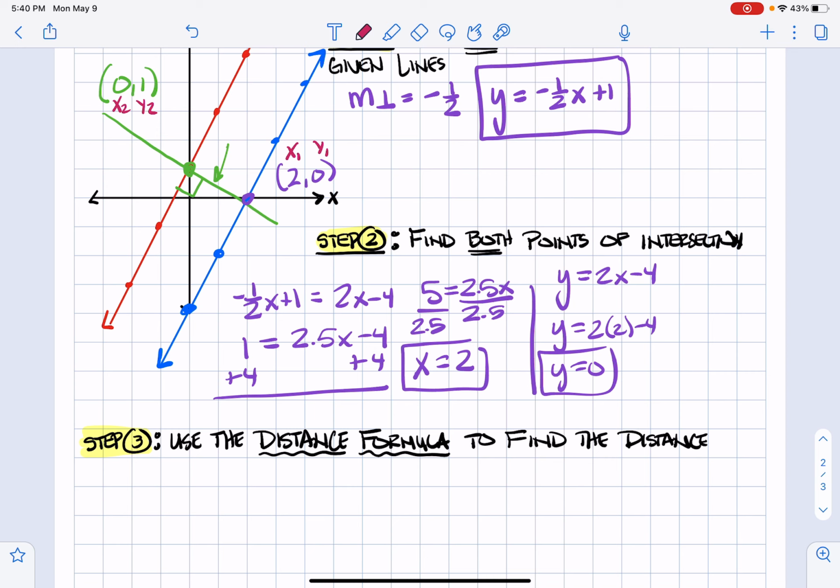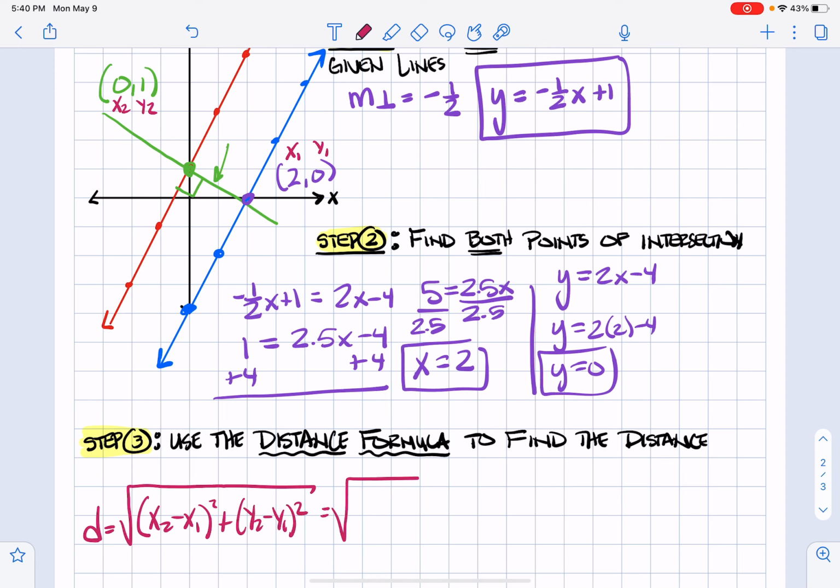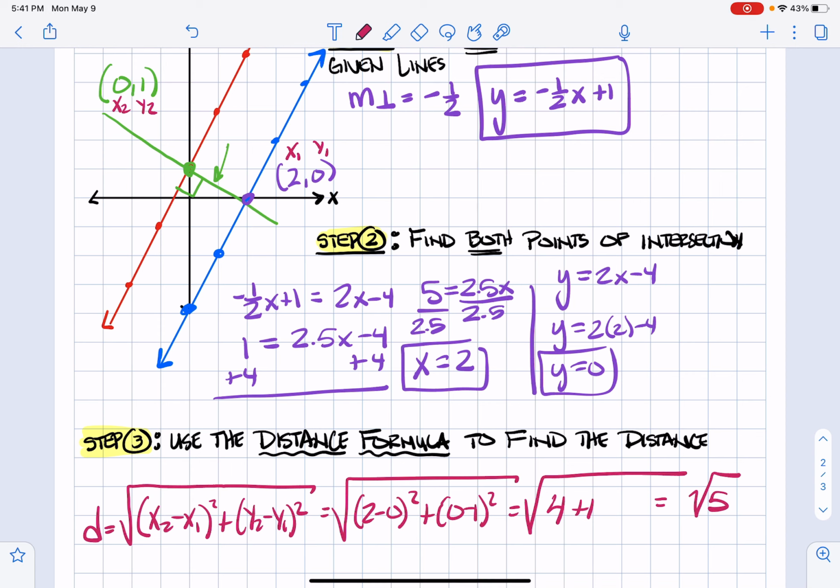So my distance is the square root of (x2 - x1) squared plus (y2 - y1) squared. That's just going to be (2 - 0) squared plus (0 - 1) squared. That's going to be 4 + 1. That is just the square root of 5.